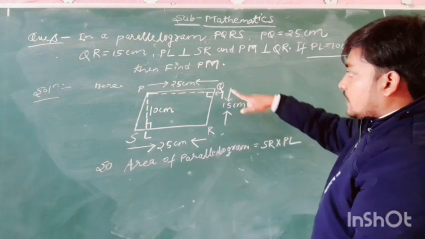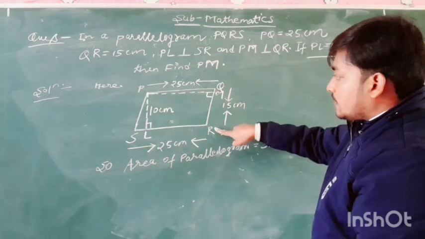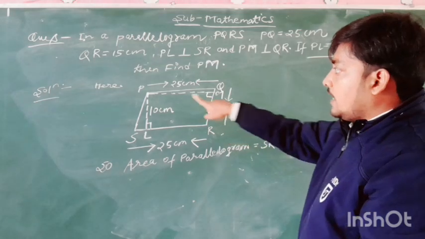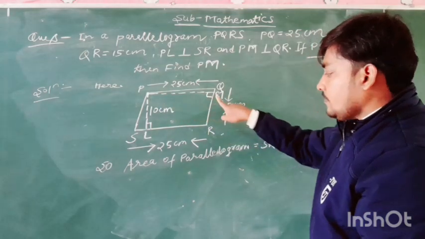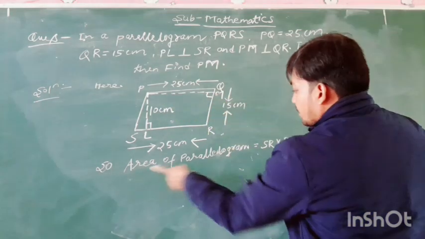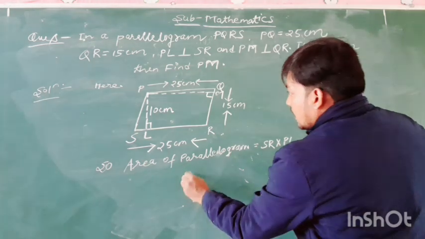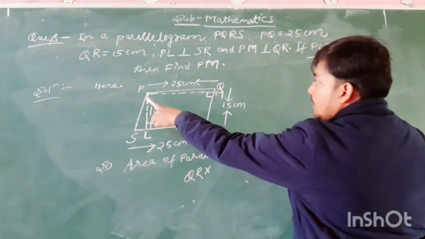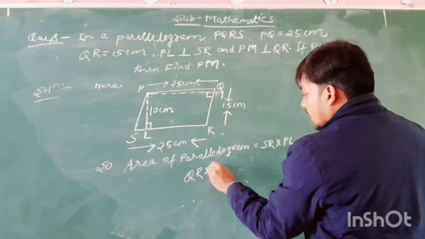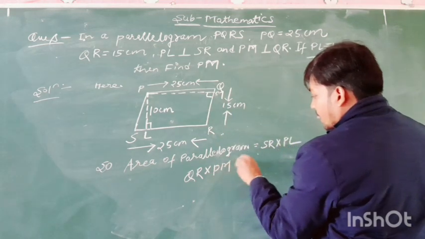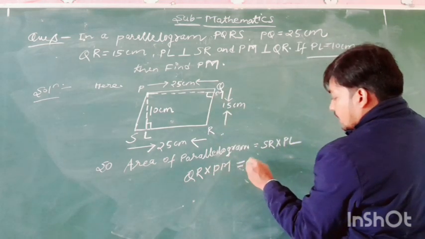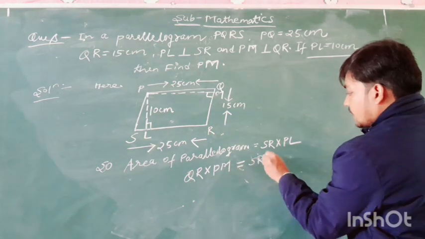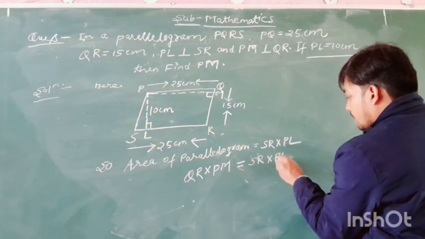If we consider the base is QR, in this case the height will be PM. So area of parallelogram is QR, which is base, and PM, which is height, equals SR into PL.